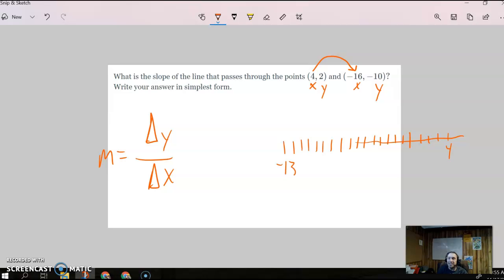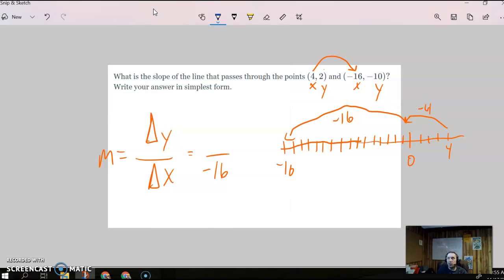This is -16. So how do I get from 4 to -16? Well, I go down 4 to get to 0 and then down another 16. So down 4, down 16. My change in x is -16. Wow, that's a long ways.